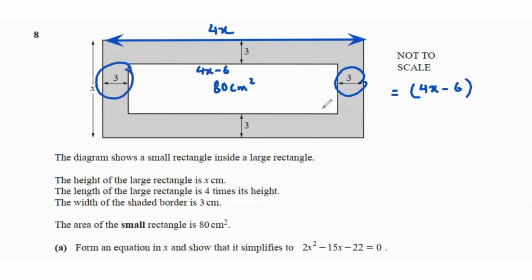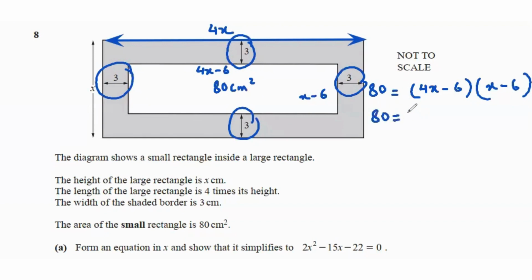And for the other length, we're going to do x minus 6, because x is going to get subtracted with 3 and this other 3 as well. That's going to be x minus 6. So this is basically equal to 80, the area that's given.